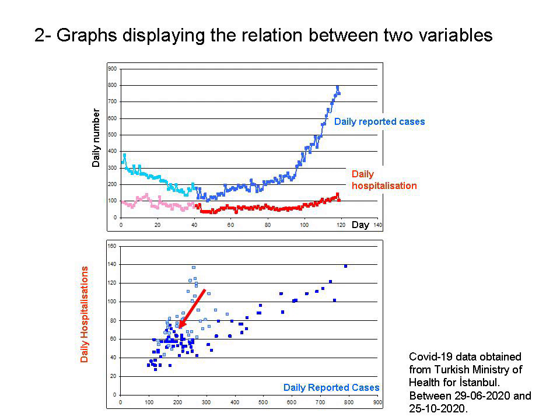But when we look at it not as a time sequence, but as the relation between those two, the relation is steep. So as the number goes to 300 daily reported cases, the daily hospitalizations go up to 140. So almost half of the patients is hospitalized.